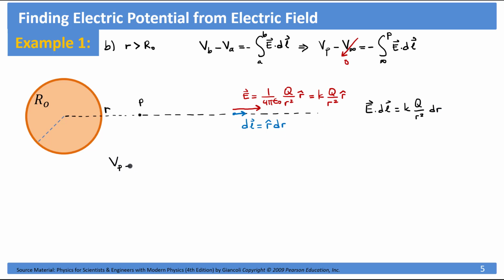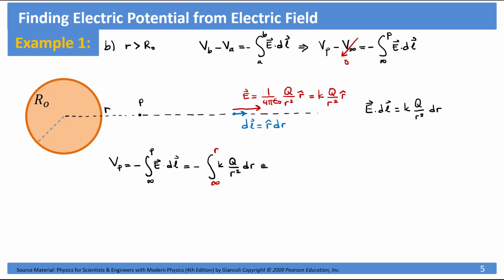So Vp will be equal to minus the integral of E dot dl from infinity to point P, which is going to be minus the integral of k q over r squared dr. Here I'm going to be much more specific with my limits, because now the integral is with respect to r, which is the distance from the center of the sphere to the point of interest. So when I'm at infinity, the distance to the center of the sphere will be infinity, and when I'm at point P, the distance to the center of the sphere will be r.